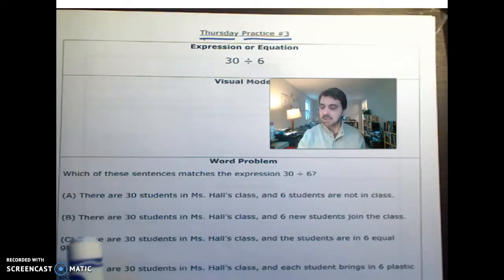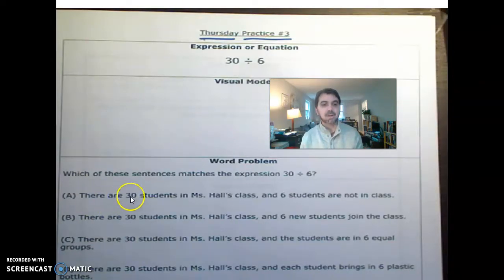So the first one says there are 30 students in Ms. Hall's class, and 6 students are not in class. So there's 30 students, 6 are not there.